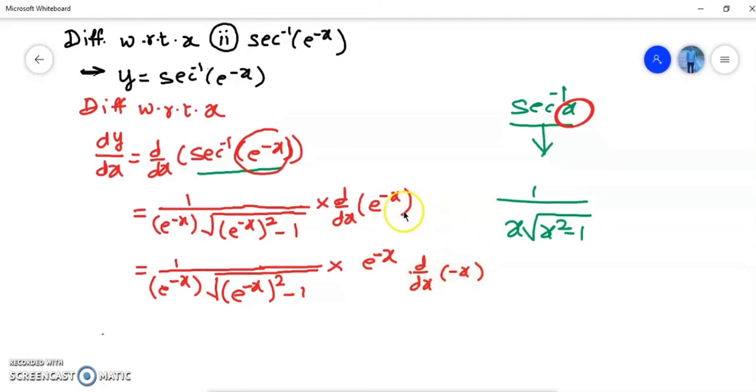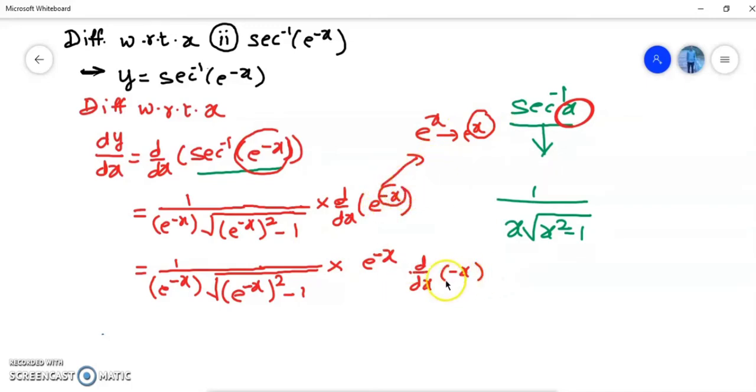Because when you want to find the derivative of e raised to minus x, it has to be compared with its standard function e raised to x, whose derivative you know is e raised to x only. So e raised to minus x, if you differentiate, you'll get e raised to minus x into d by dx of the replacement of x, which is minus x.